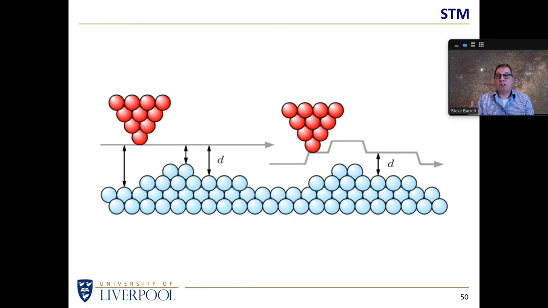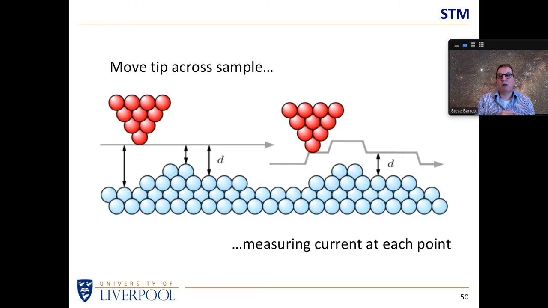So we can do this experiment. We can take this tip, this red pyramid if you like, and we can move it across, in this case, a rather rough surface. If we move the tip across the sample and measure how much current flows, the amount of current that flows depends critically on this distance between the tip and the sample. And you can see here the distances change depending on where the atoms are in this particular surface.